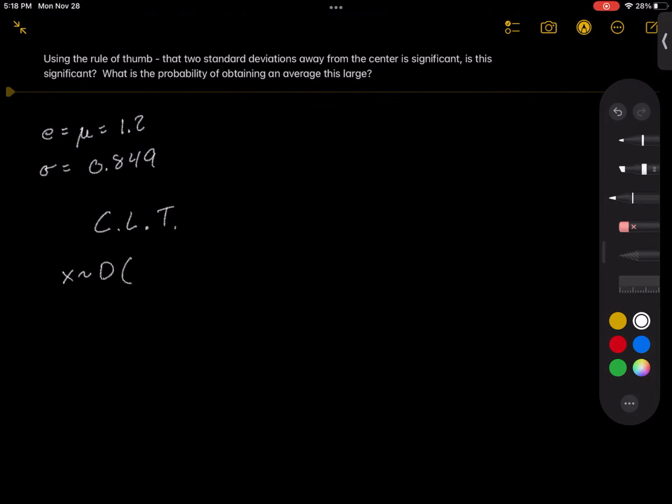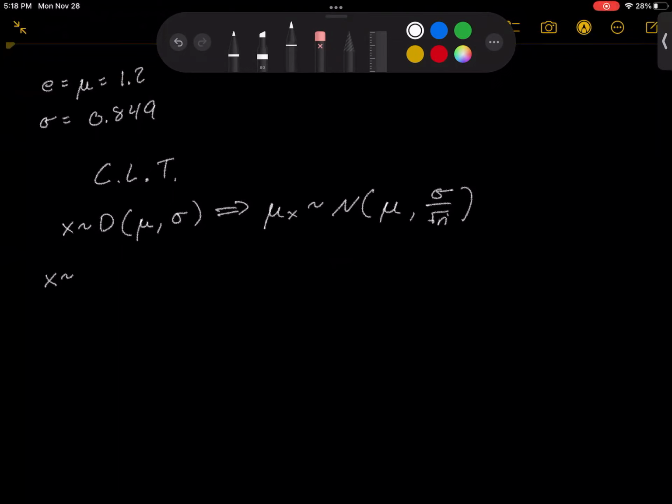So in our case, because we're counting the number of twos in 3 rolls, the original distribution was a binomial distribution. The average was 1.2, and the standard deviation was 0.849. This is going to imply that the average number of twos in 3 rolls is normally distributed with the same average, right? That mu and that mu is 1.2.